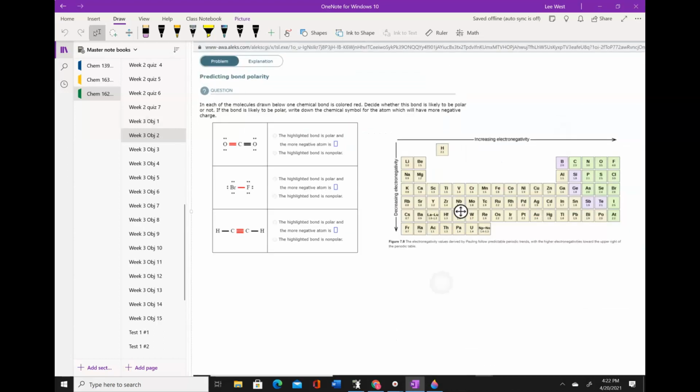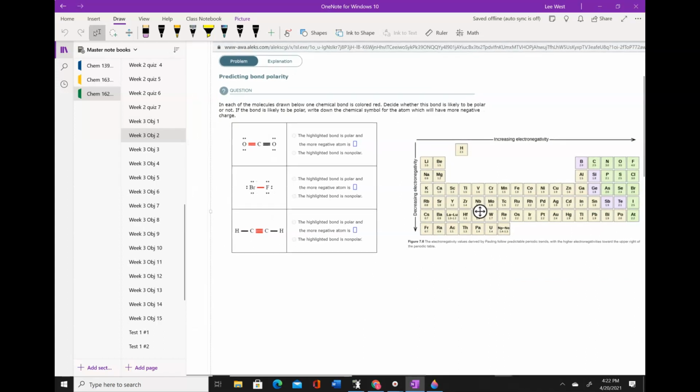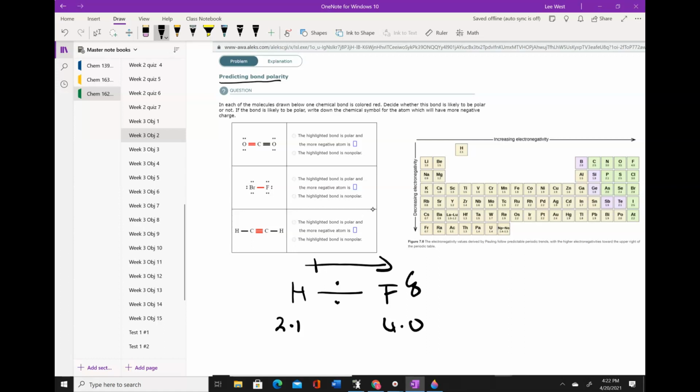Okay, so this question you want to be a little bit careful about. It says predicting a bond polarity. How we predict bond polarity is we look at the electronegativity of each element, and then we know that electrons in that bond will be pulled towards the more electronegative element, and that end of the bond will be a little bit negative relative to the other end of the bond.